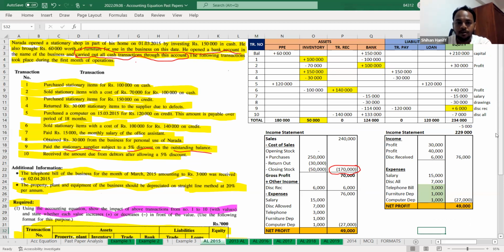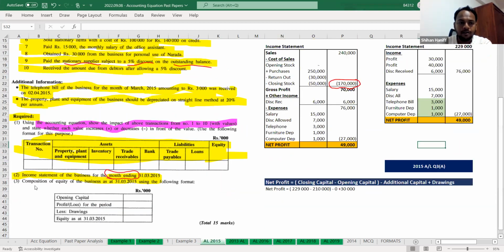Now let's do the third part. Composition of the equity of the business, using the following format.